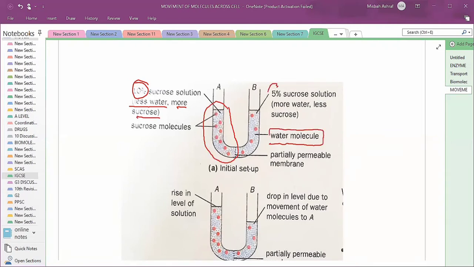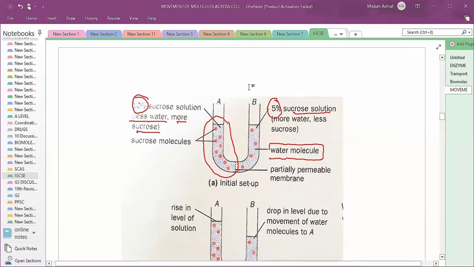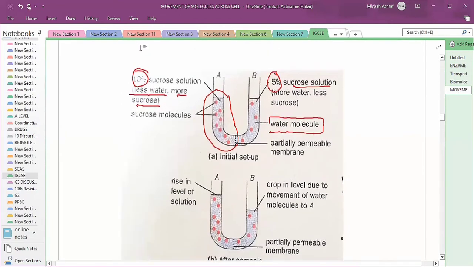On the left side there are 10% sucrose molecules, and on the right side there are 5% sucrose molecules. So it means that there is more water on the right side. If 5% is sucrose, then 95% will be water.